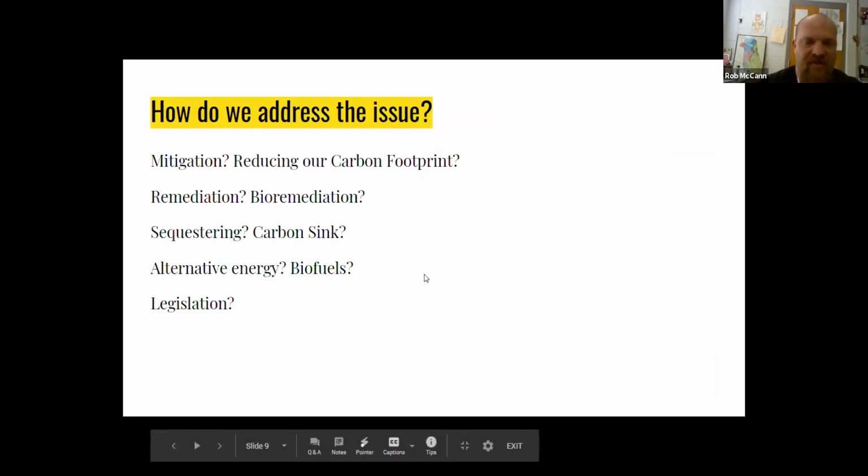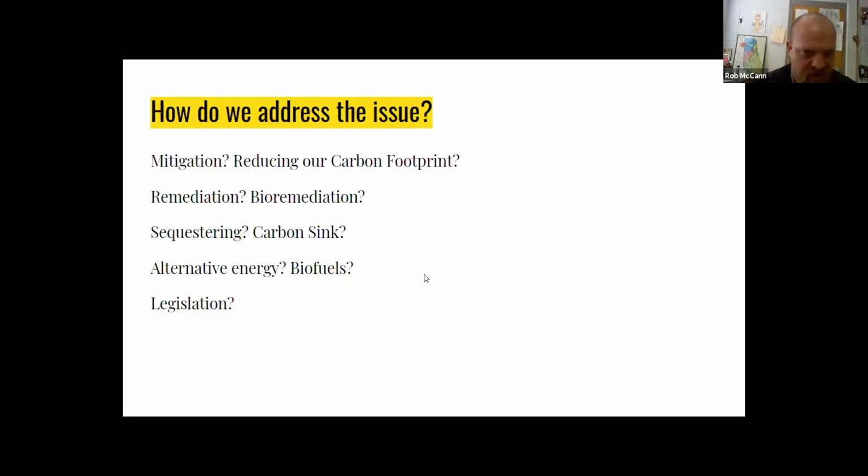Okay. How do we address the issue of climate change? If we're saying an increase or decrease in temperature, or an increase or decrease in precipitation, the driving force behind all of that is carbon dioxide. And so the issue here is how to mitigate. How do we reduce our carbon footprint?